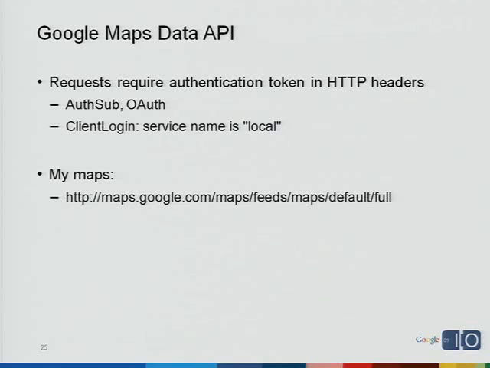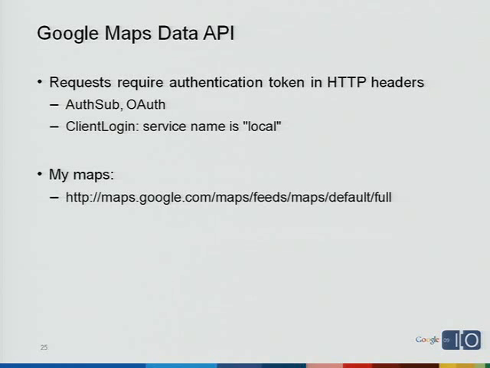There are 3 different choices for how you do the authentication: AuthSub, OAuth, which is an open standard, and then ClientLogin, which is appropriate for non-web applications like Java programs and useful for other purposes as well. One important bit of information: if you use ClientLogin, it asks you for a service name, and the service name for that is local.